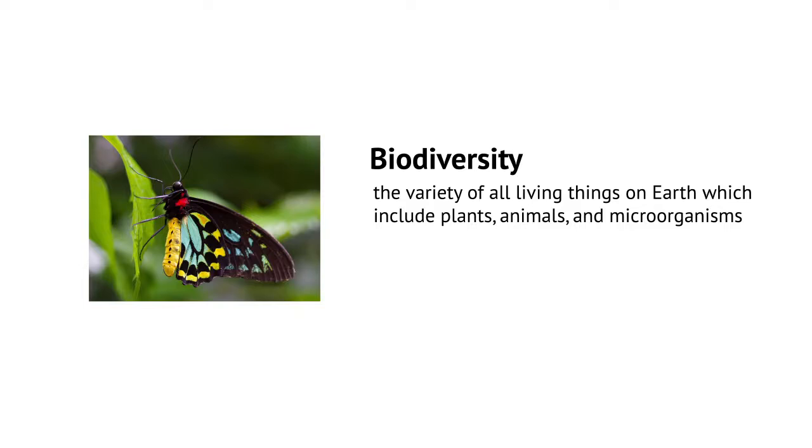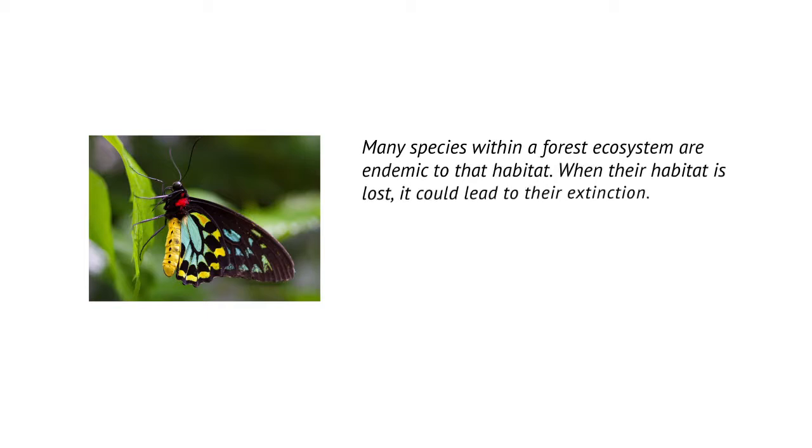All right, now let's continue with some new words associated with biodiversity. Example: many species within a forest ecosystem are endemic to that habitat. When their habitat is lost, it could lead to their extinction. Here we have three new words.